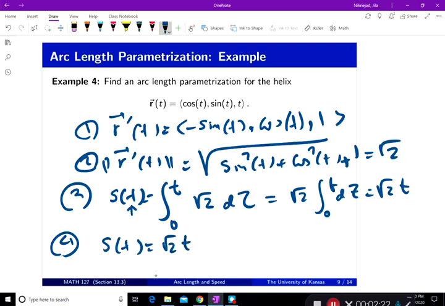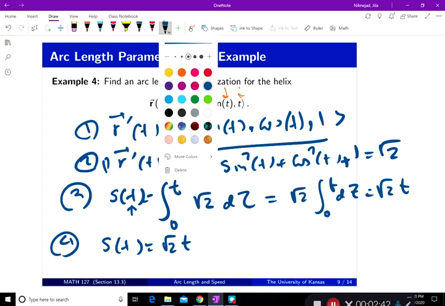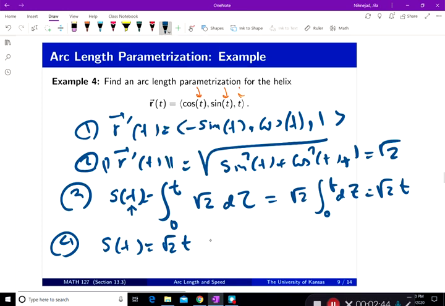Now, what I'm doing here is that I found s as a function of t, but if I want to change my parametrization over here, I have to be able to find t as a function of s. So how do I do that? I solve for t. That's how we find inverse functions, right? So I solve for t. Solving for t here gives me t is equal to s divided by square root of 2.